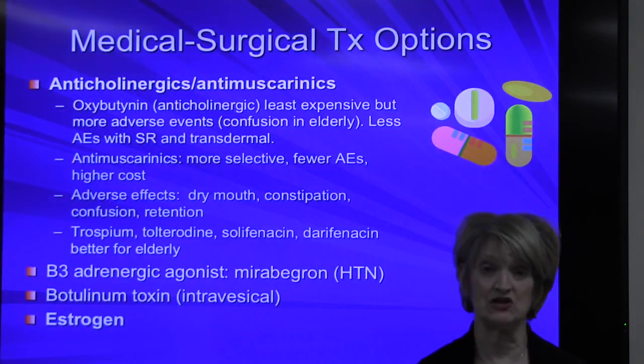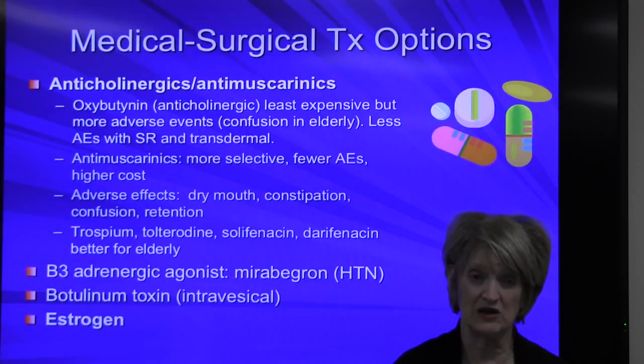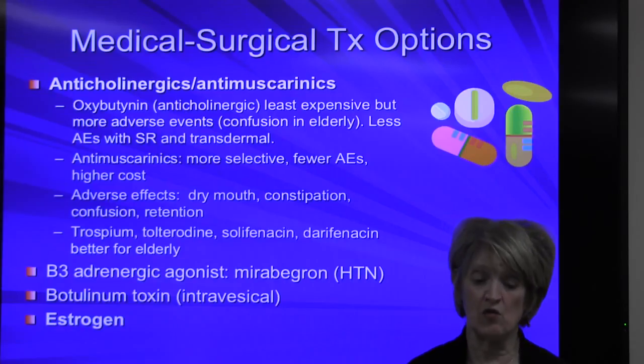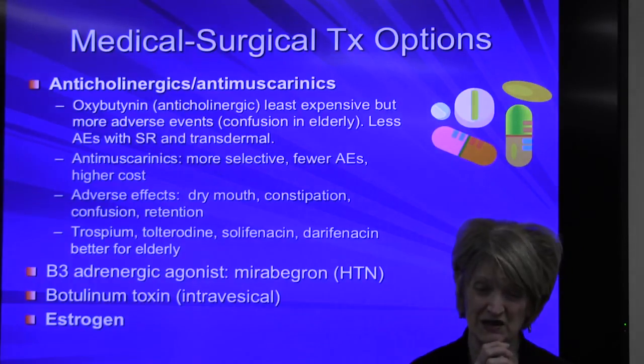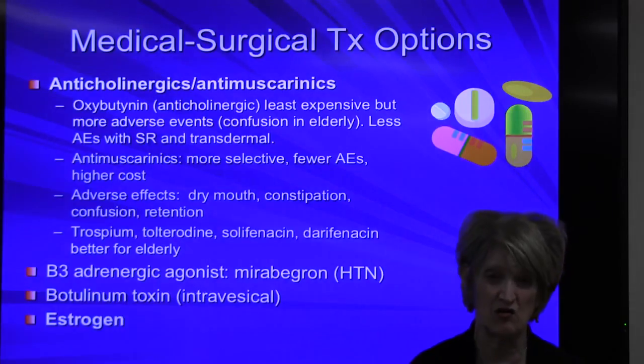What about medications? So we had very little to offer in the way of medications when it came to stress incontinence, but it's very different in the field of overactive bladder and urge incontinence. We have increasing numbers of medications. So you think, what is it that makes the bladder contract? Parasympathetic stimulation. What is the neurotransmitter? Acetylcholine.